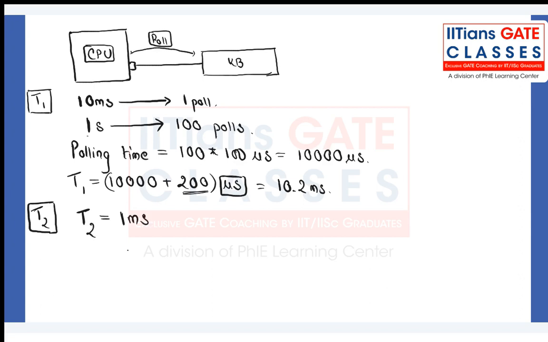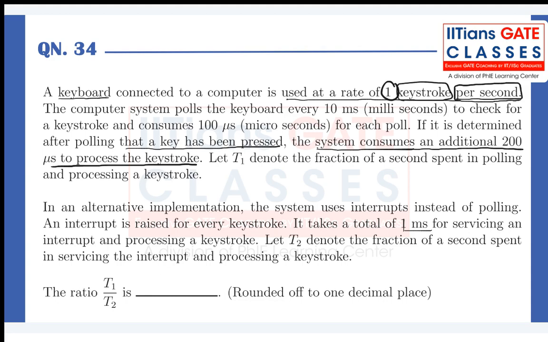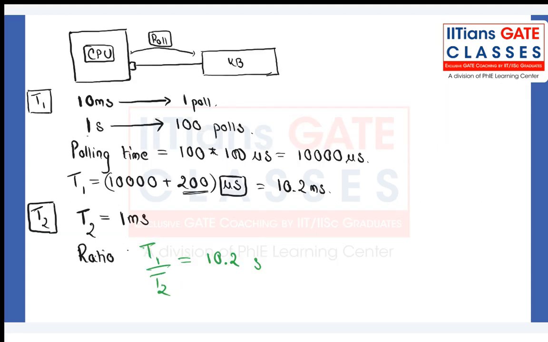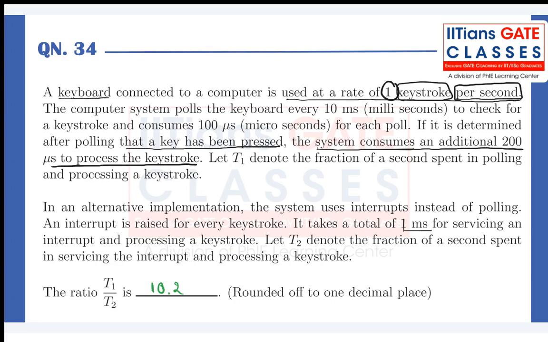So what is the ratio of T1 by T2? It is 10.2, sorry, not milliseconds, guys, the units will cancel out. So 10.2, rounded off to one decimal place, will be the right answer.